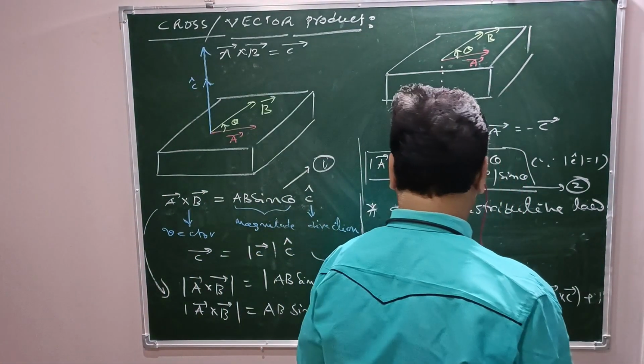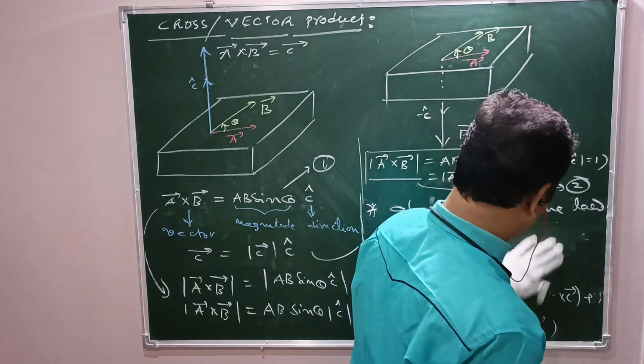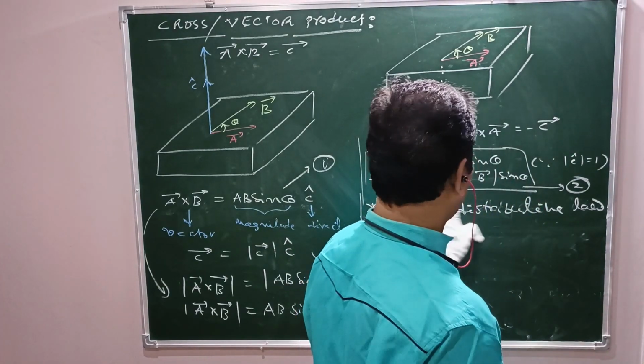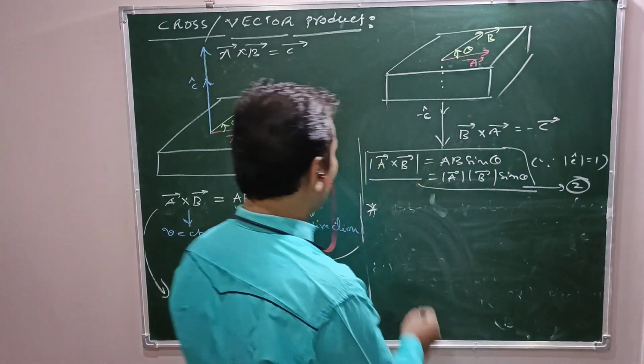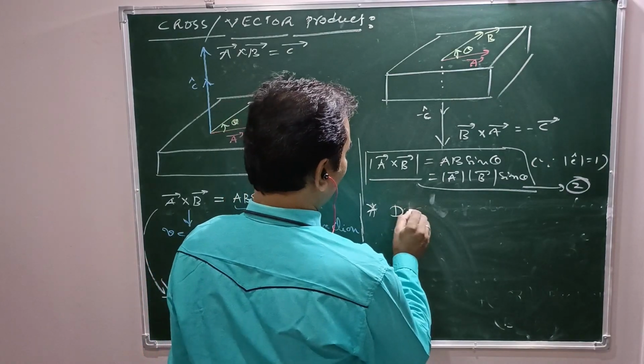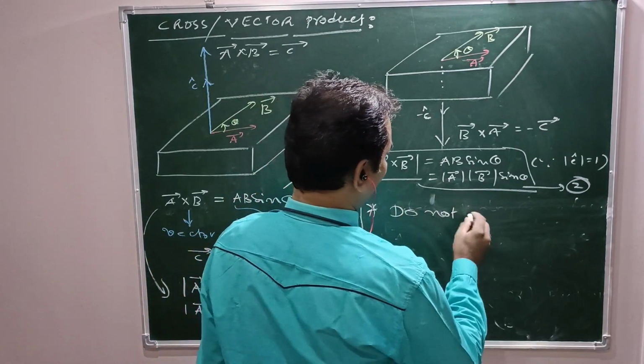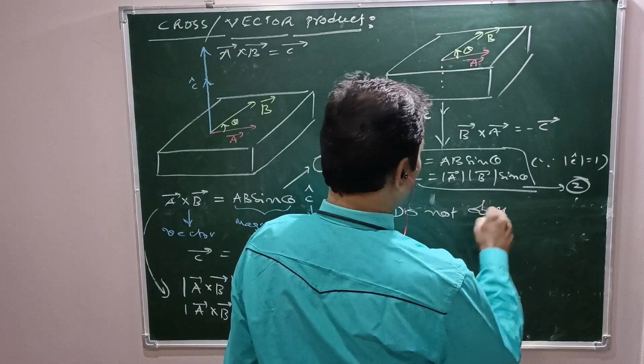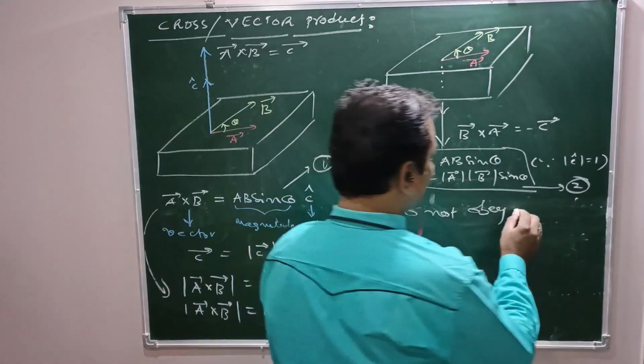Now, what about the associative law? The cross product does not obey the associative law.